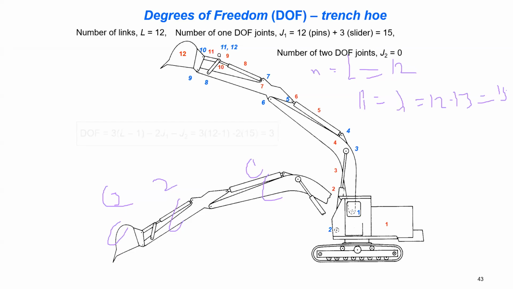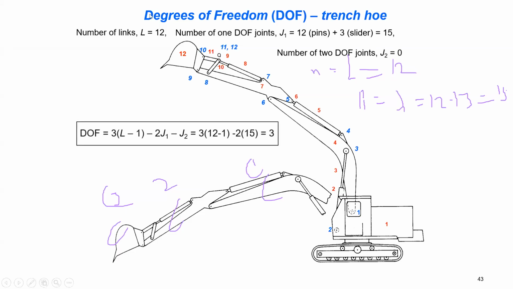So now our number of 2 degrees of freedom, I think there is none. That last time I was explaining, the degrees of freedom is not there. We don't have any notation, I just have sliders, so we don't have any. So our J2 is 0. In this case, J2 is 0. We don't have members that are having 2 degrees of freedom. It's not there.